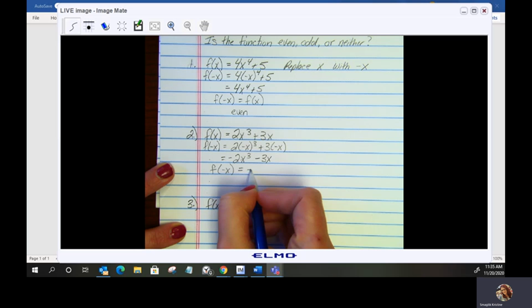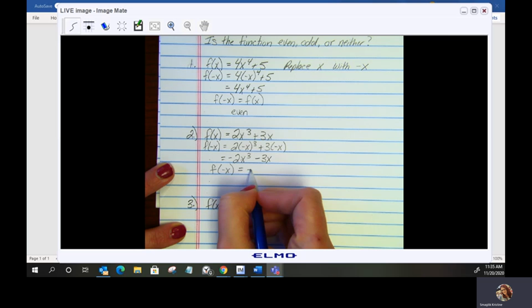Take a look at this one. f of negative x is 7 times negative x raised to the 5th minus 2 times negative x squared plus 4. A negative number raised to an odd exponent stays negative: negative 7x to the 5th. Negative x squared, an even exponent, is going to go positive.